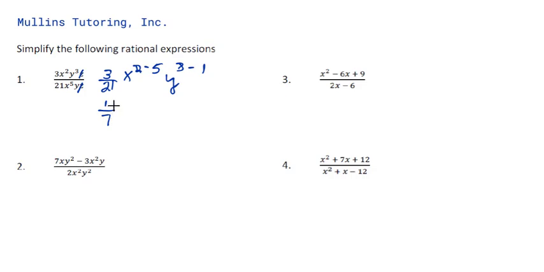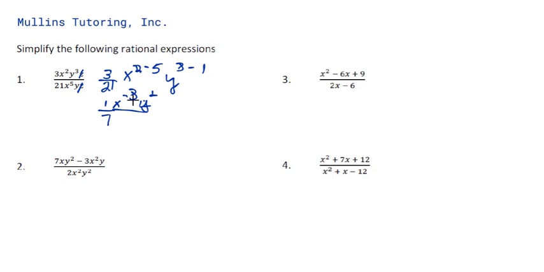We have x, I'm just going to extend that line, x 2 minus 5 gives us x to the negative 3. And then y 3 minus 1 gives us y squared. So when we're doing this, we cannot have a negative exponent. If the exponent is negative, we take the term and put it in the opposite position.